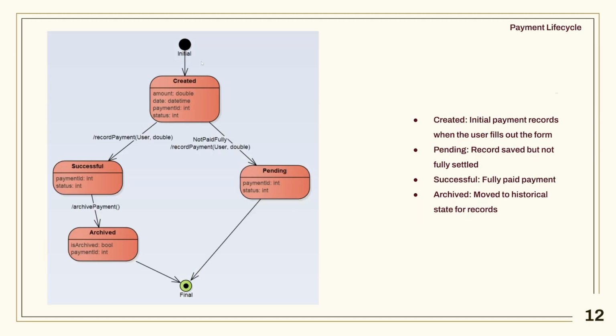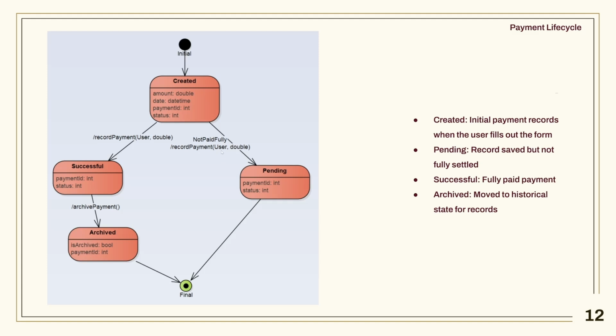the payment life cycle begins when it's created. When it's been created, the amount is entered, the date, the payment ID, and the status. This is created after the user enters the amount, date, and status. They get that data, and the database generates a payment ID.